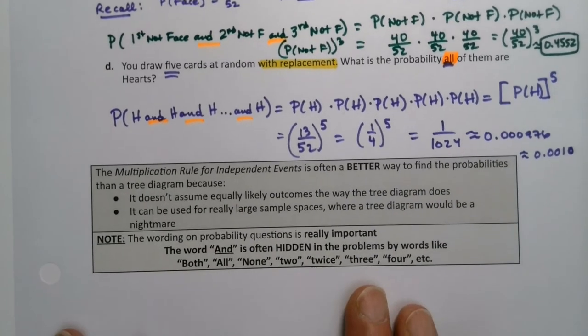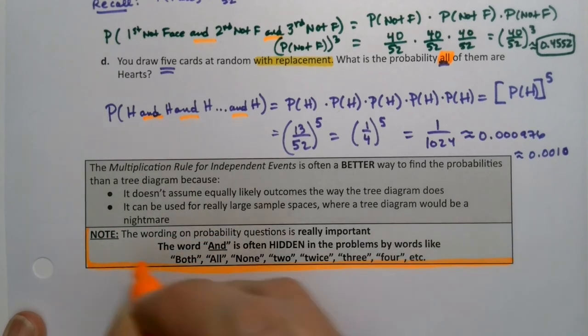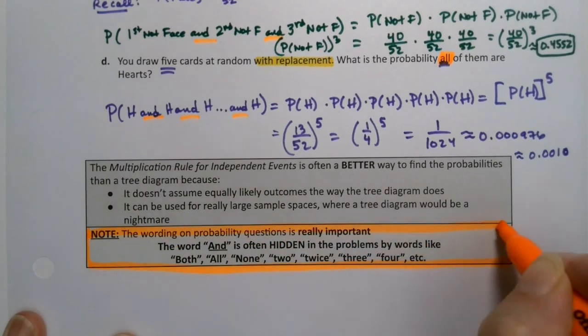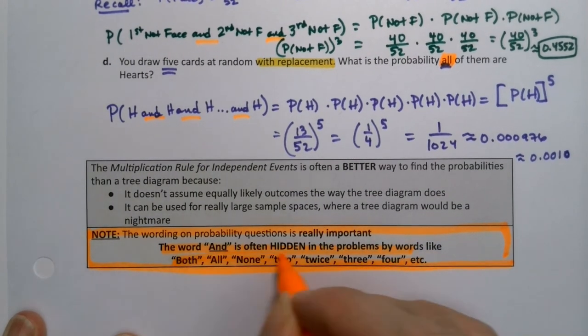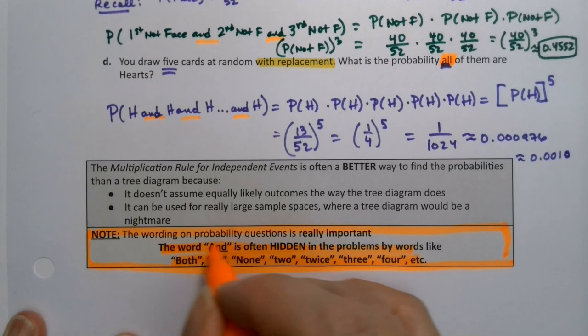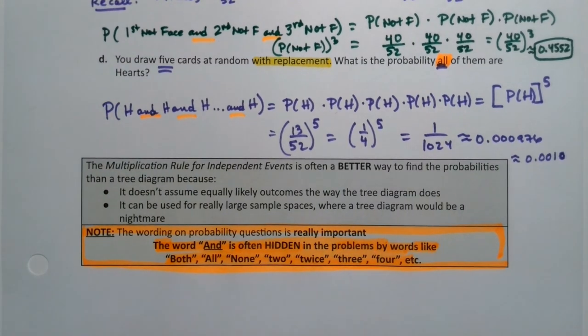Which is my comment right down here, which is that the wording on these problems is very important. And in English, and hides a lot. And is in words like, well, both, all, and none are the most common ones. But even if I said 7 of them are this, this happens 3 times, you'd multiply, right?